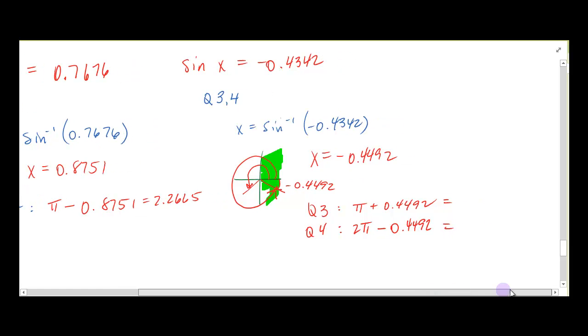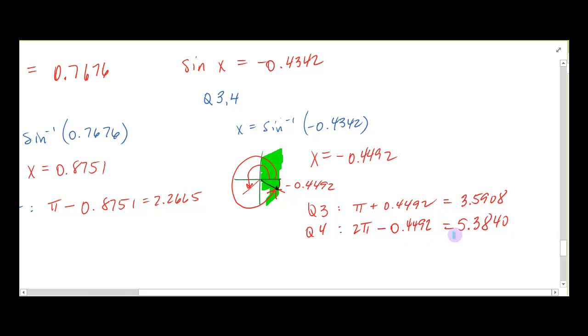On the calculator, these values come back to be 3.5908 as well as 5.3840, I believe. So I have my 4 angles.